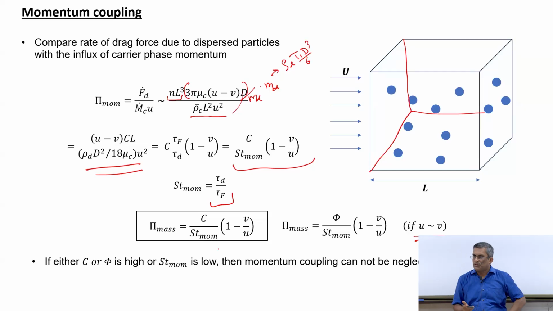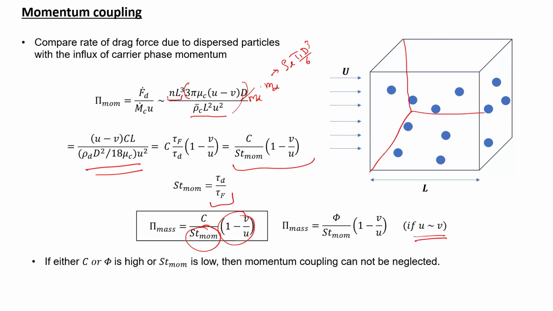If they are nearly flow tracers, how is it possible that they exchange momentum with the carrier flow? So, now what happens when the Stokes number tends to 0? Should this quantity go to infinity? The answer is no, because of this term.